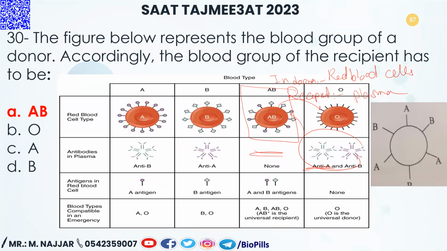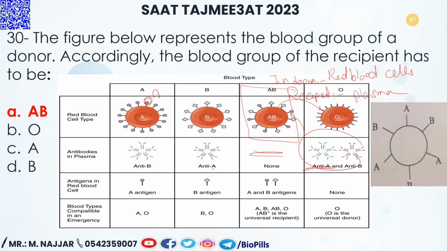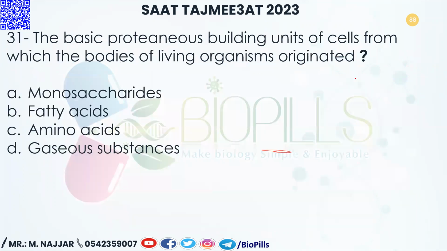Blood group A has A antigens, and the plasma of blood group B has antibody A. They will coagulate and clotting occurs, and the person dies. That's a very important notation. Keep this in consideration, and you will never mix it up, even if you forget.